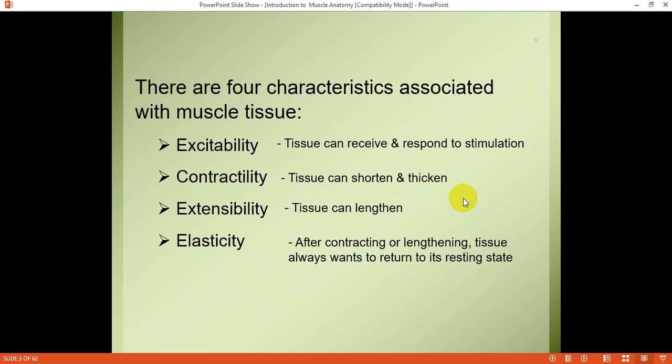That is known as contractility when it's shortened and extensibility when it lengthens. And then after the impulse is gone, the muscle is also able to restore its normal or neutral state. That characteristic is known as elasticity.